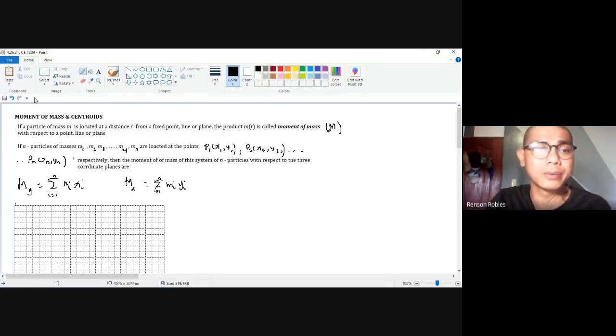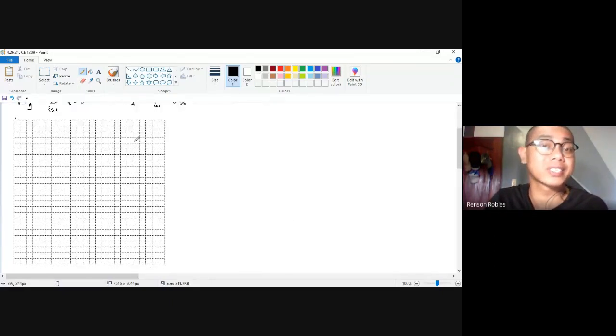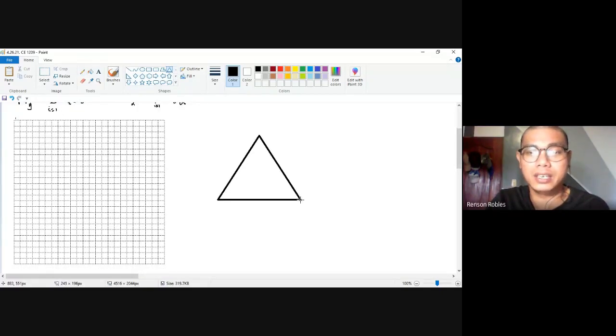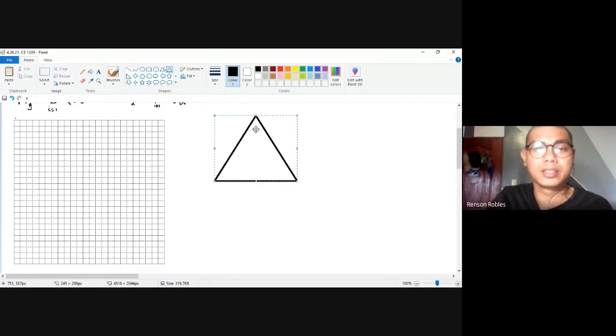Again, when we talk about a centroid, that is a secondary part of a triangle, and say this is your triangle with vertices A, B, and C. Then you draw the medians. The medians are segments drawn from the vertex to the midpoint of the opposite side.